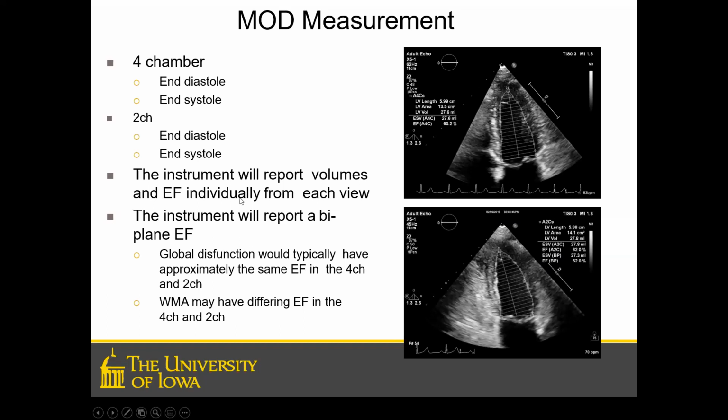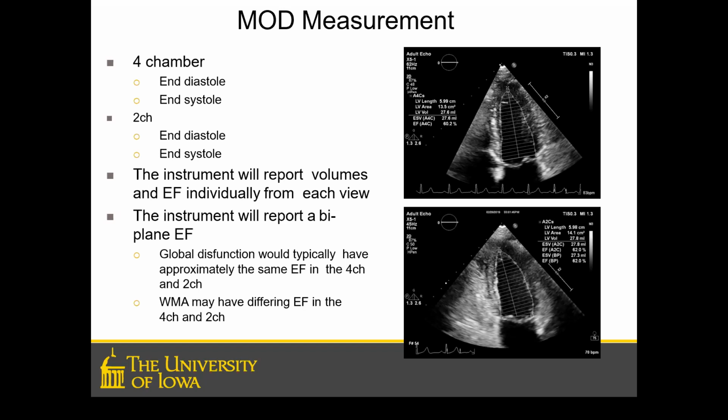And then the instrument will calculate and report the EFs. It will report them for each view, and then it will report the biplane. Now, you'll hear sometimes there's a discussion about comparing the 4 and the 2 EF and looking at those to see if we think we're accurate.